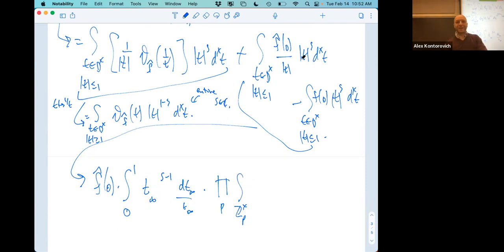But what is the absolute value of t, tp to the s, d star t? What's the absolute value of t on Zp cross? You can say it, Joe. Is one. So this is just 1. This integral, by the normalization of the multiplicative p-adic Haar measure, was normalized so its integral over Zp cross would be 1, and the product over all primes is 1. f hat of 0 is just a constant.